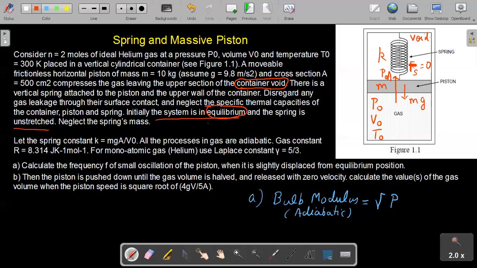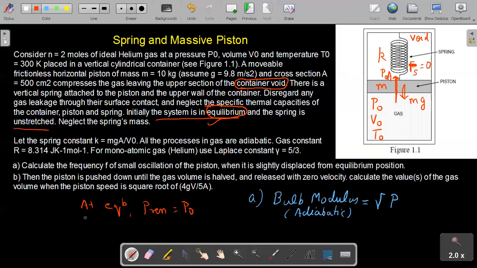So equilibrium is possible only if the force of gravity, which is mg, is balanced by the force exerted by this gas on the piston. That means at the time of equilibrium, the pressure of gas is P naught.